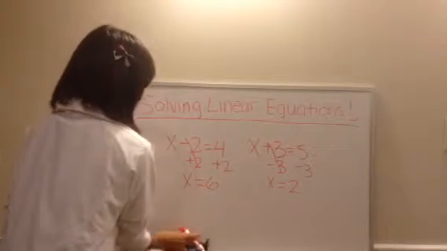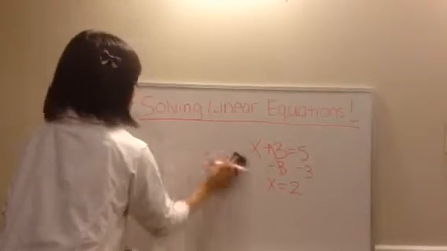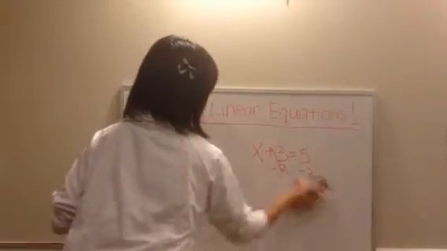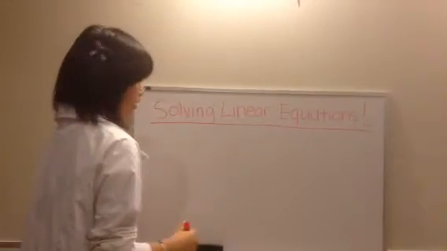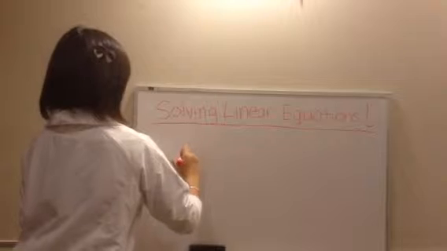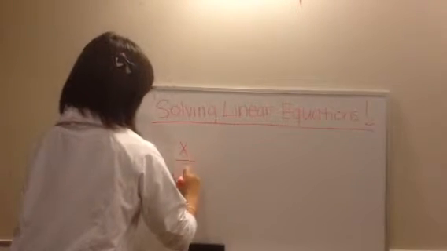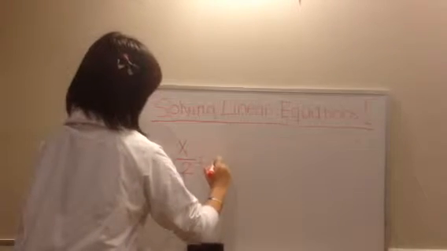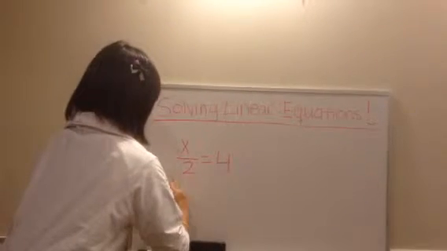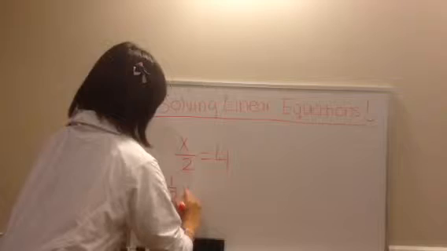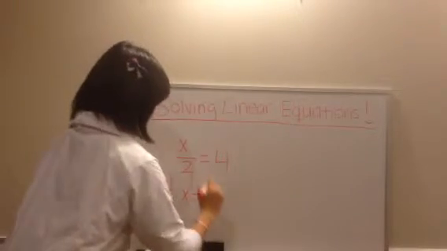If you want to multiply and divide, those aren't that hard. Don't be scared. Adding and subtracting and multiplying and dividing are all equally easy. If you have a fraction, like x over 2 equals 4, this can also be written as 1/2 x equals 4.